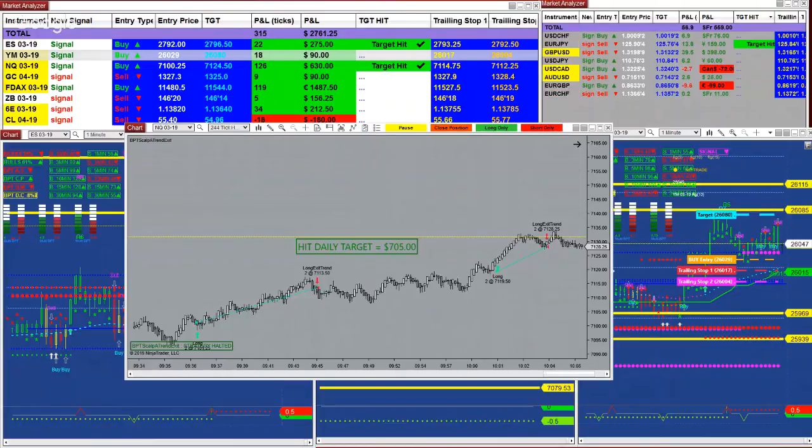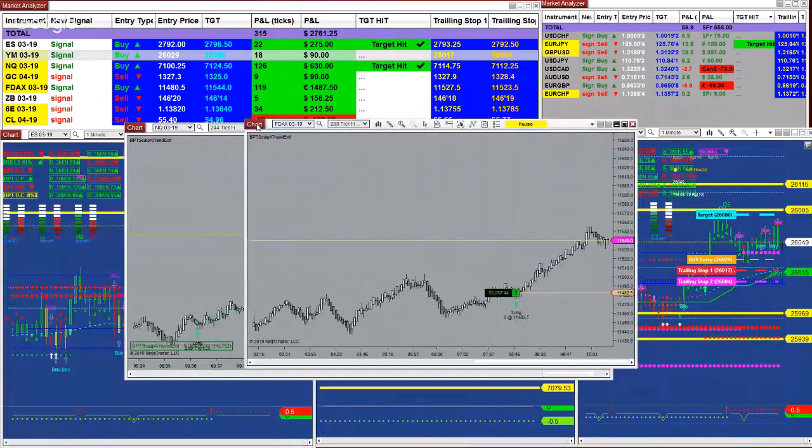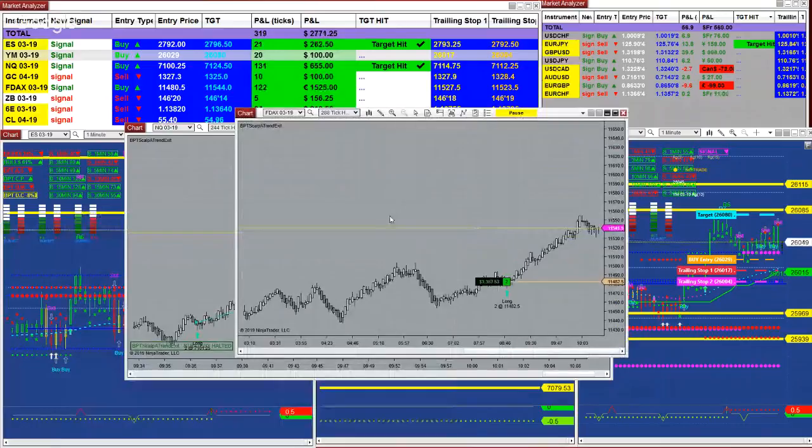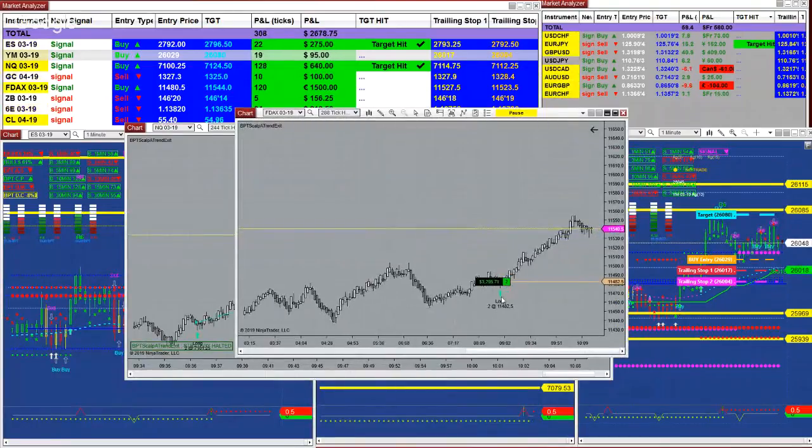And if we look at a different animal like the DAX, you can see that the DAX took that trade a little bit before 9 o'clock, and we were already in that trade. And when the news came out, it just jumped to 3,000.